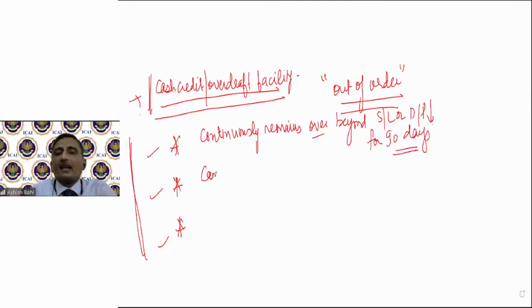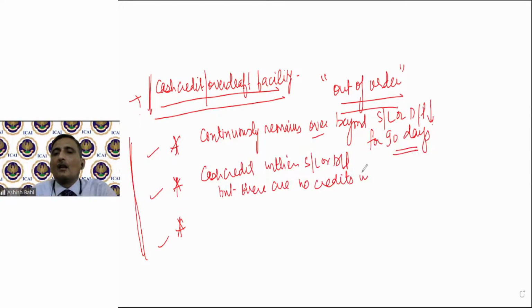Or if the cash credit account remains within the sanction limit or drawing power, but there are no credits in the account for a continuous period of 90 days ending on reporting date, then it also becomes NPA.